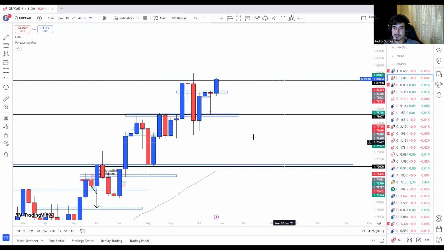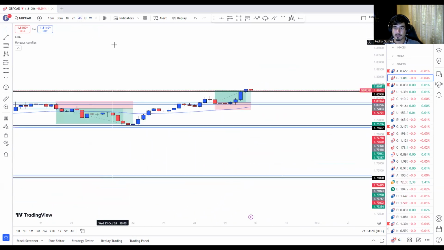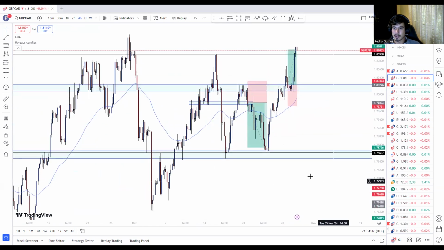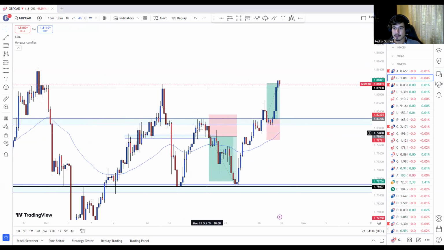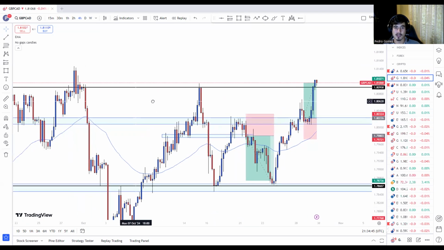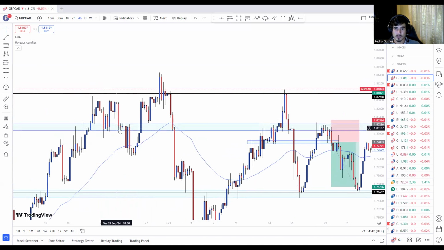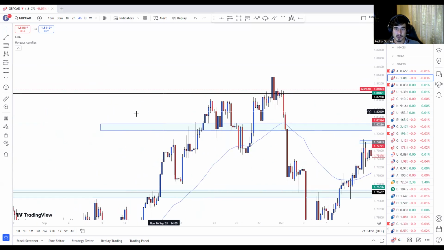Okay. So today we can see on the 4-hour chart we have a big area of interest here that I marked. You can see resistance, support, resistance, support.